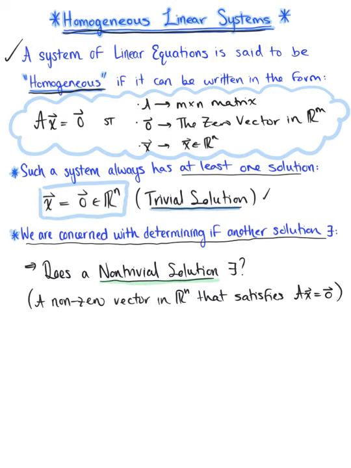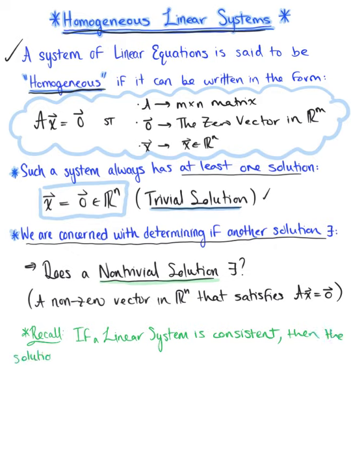So how are we going to do this? Well, we can pretty quickly determine what we need to look for by thinking back to the very beginning of the course. So let's recall that if a linear system is consistent, then the solution set contains one of two possibilities.